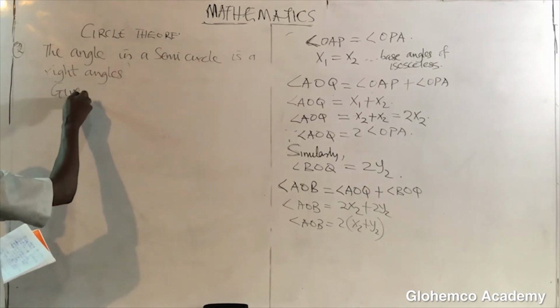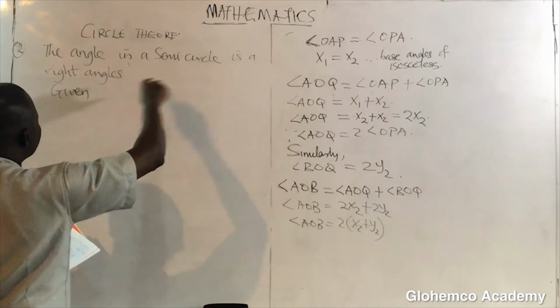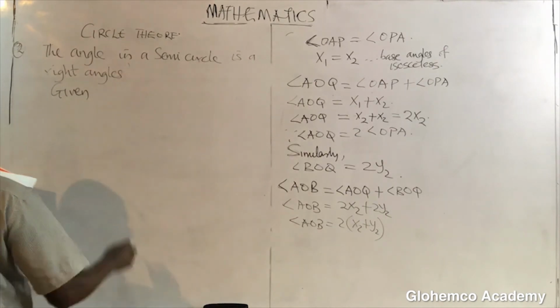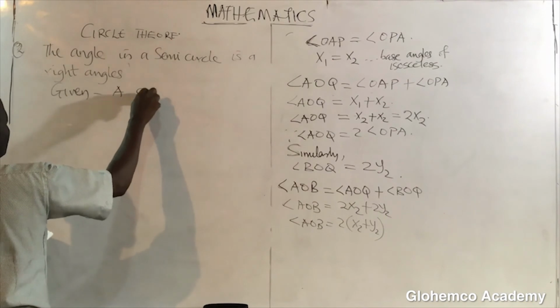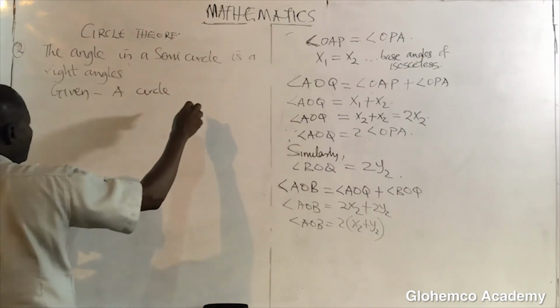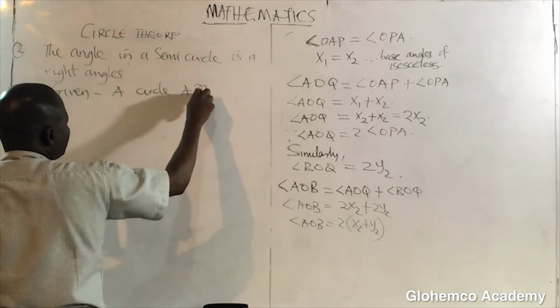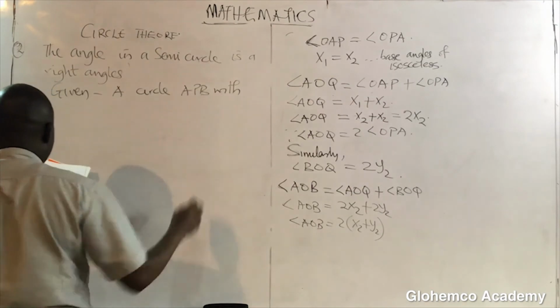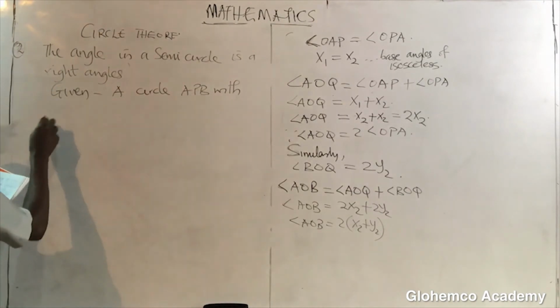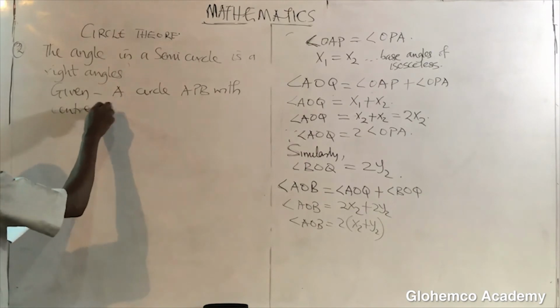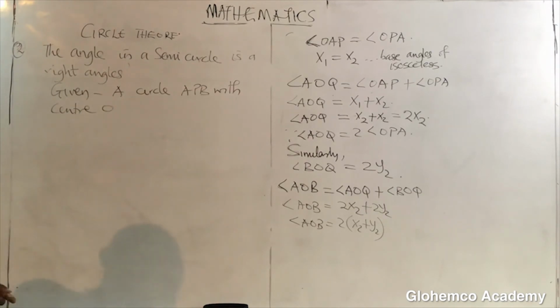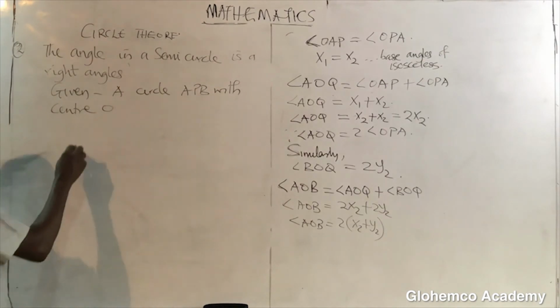Given that the angle in a semicircle is a right angle, what is our given here? We are given a circle APB with center O. Let us draw the diagram now.